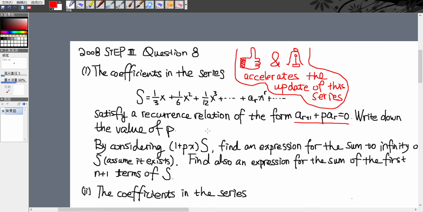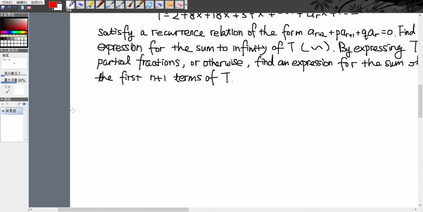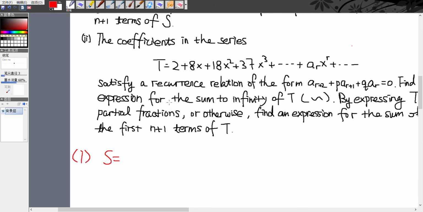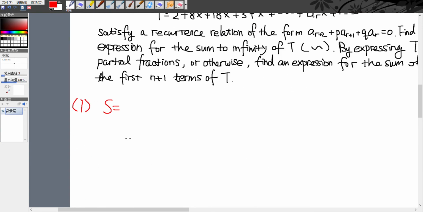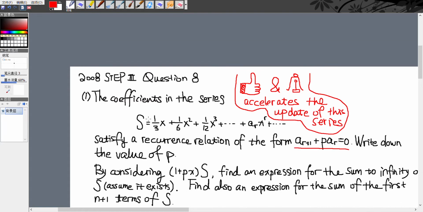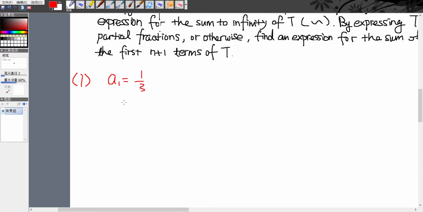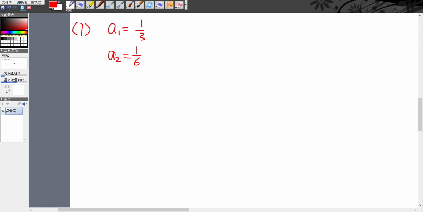From this series, you can very easily see that S is actually a series whose coefficients are a geometric progression. So we can see that A1 is 1 over 3, A2 is 1 over 6 and A3 is 1 over 12.